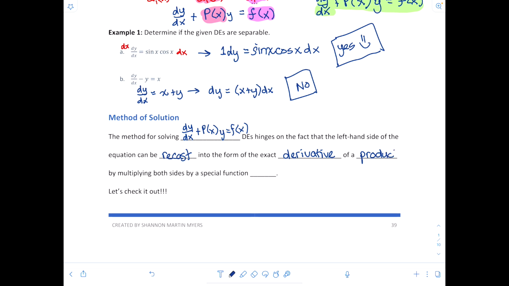So we're using ideas of differentials by multiplying both sides by this special function, call it mu of x.